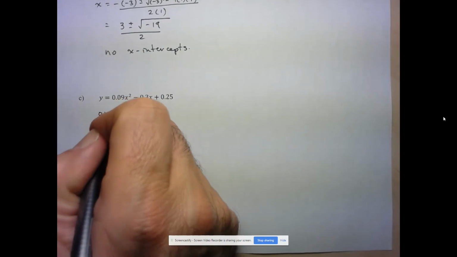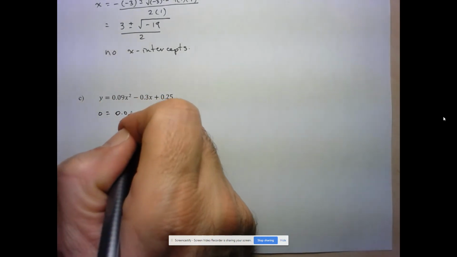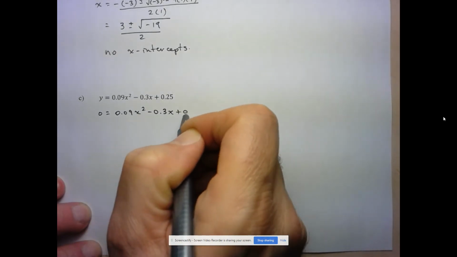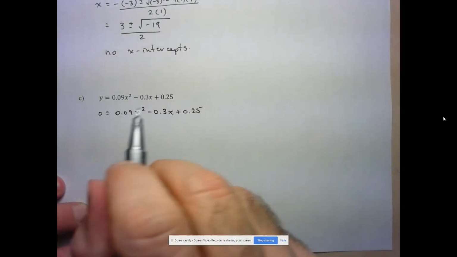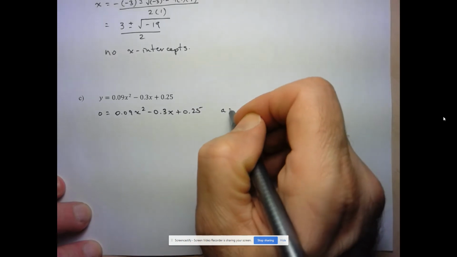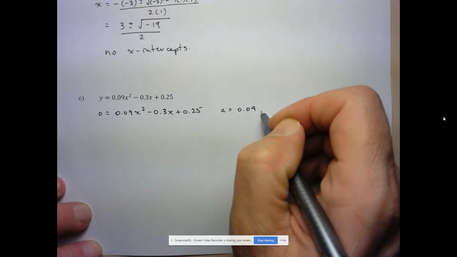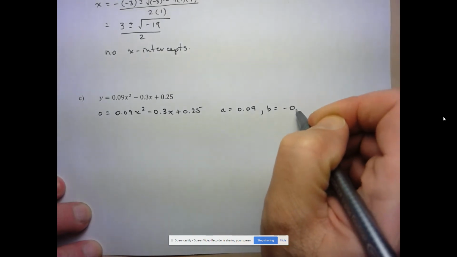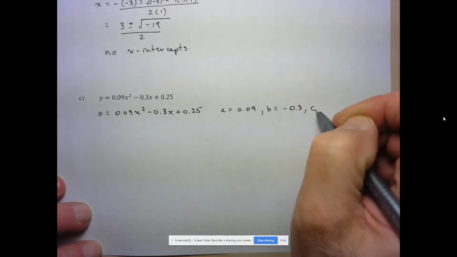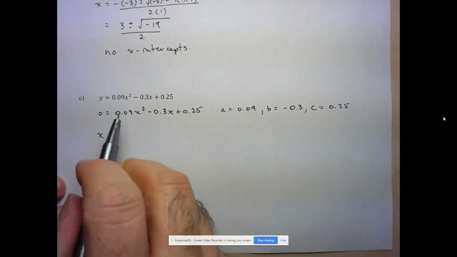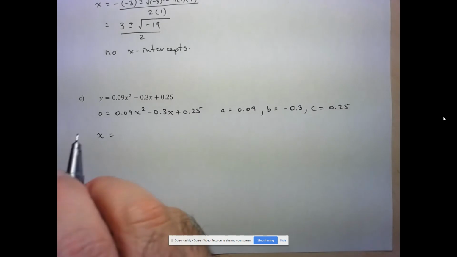So again, replace y by 0 since we're finding the x-intercepts. Okay, eventually you won't need to do that, but for now I'm going to specify what a, b, and c are. So a is 0.09, b is equal to negative 0.3, and c is equal to 0.25. So the solutions to this equation are given by the quadratic formula.